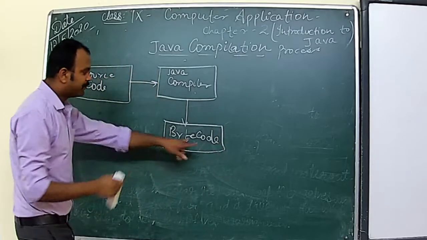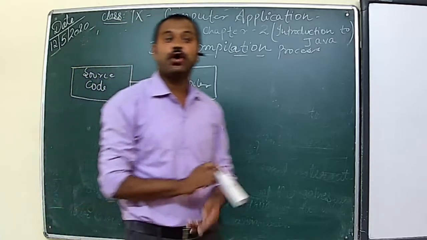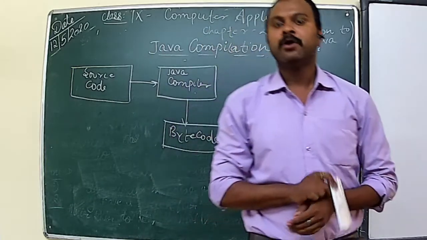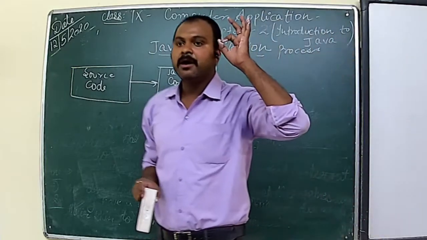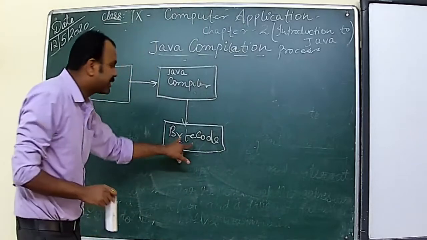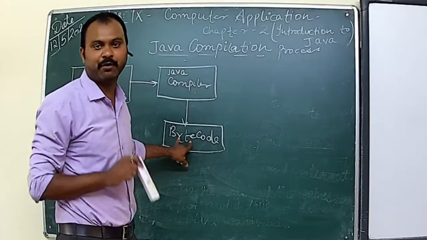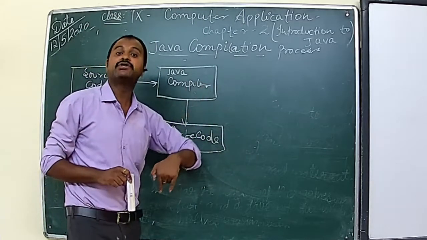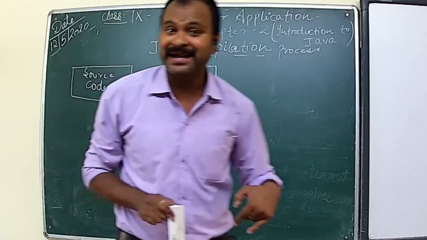This bytecode can be used on any other platform; you only need the specific JVM to execute this bytecode on that platform. That's why Java is known as a platform independent language.